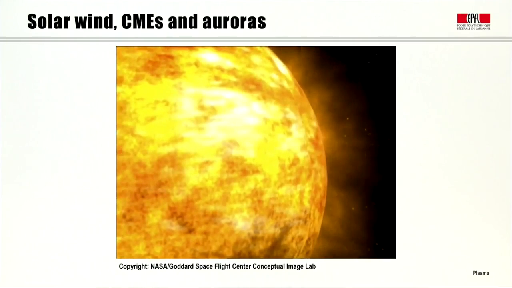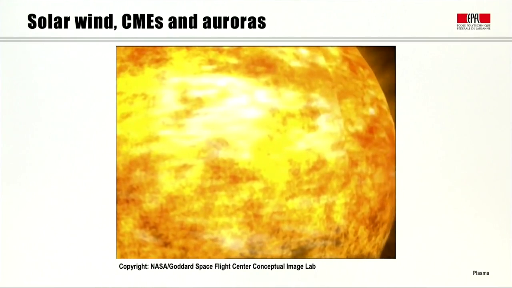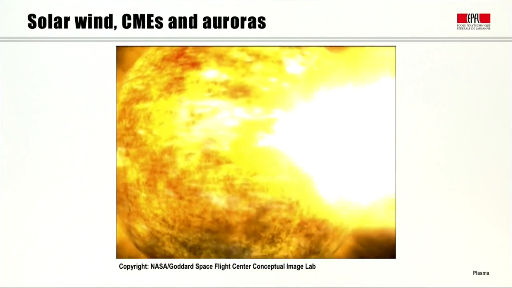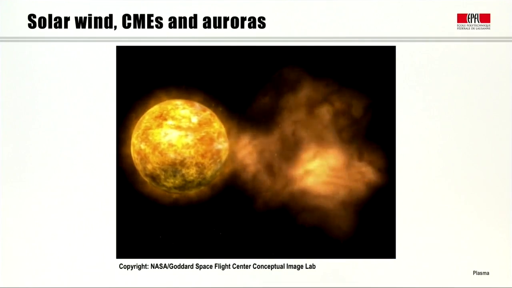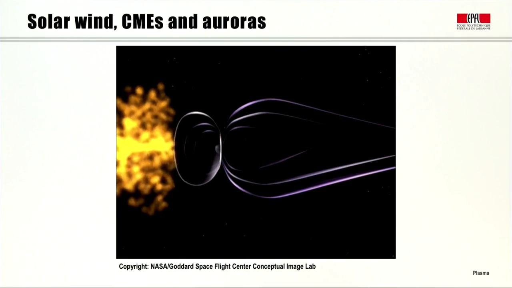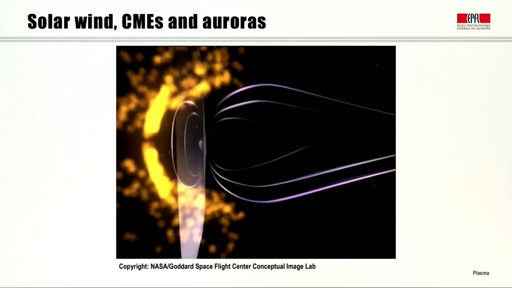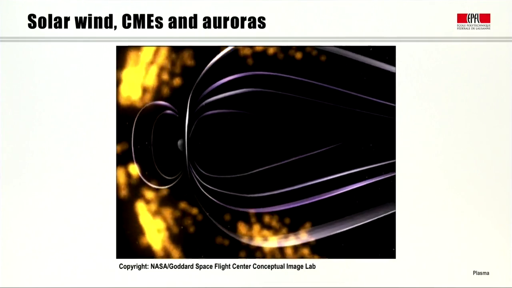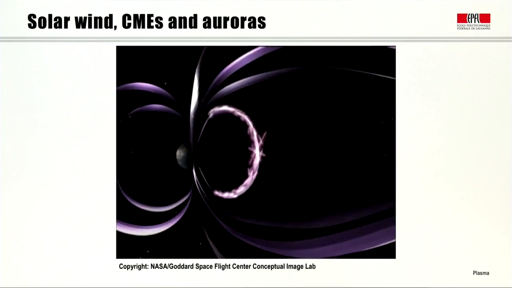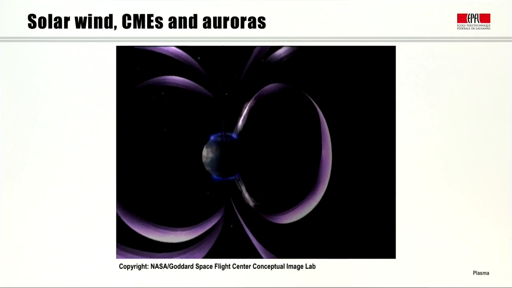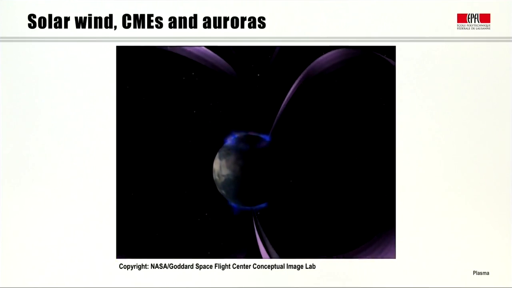One of the most important perturbations to the solar wind are coronal mass ejections, or in short, CMEs. During a coronal mass ejection, the Sun can eject 10 to the 12 up to 10 to the 13 kilograms of plasma moving at a speed of approximately 1,000 kilometers per second.